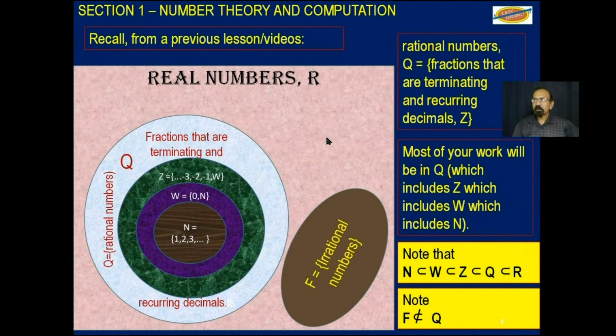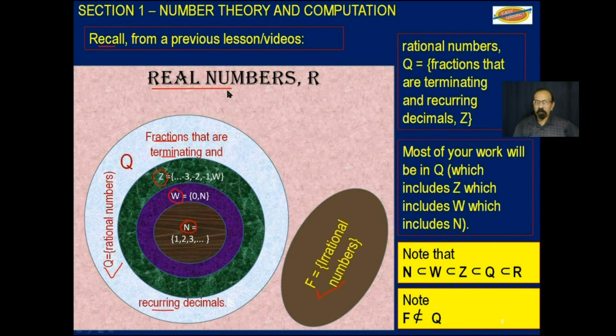Just a reminder from a previous class video, what we mean by real numbers. That would be everything included in this box that you see here. You have the irrational numbers, and then you have the rational numbers, which are made up of fractions, terminating and recurring decimals, and integers, which include whole numbers, which include the natural counting numbers.